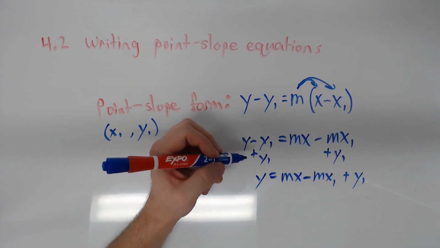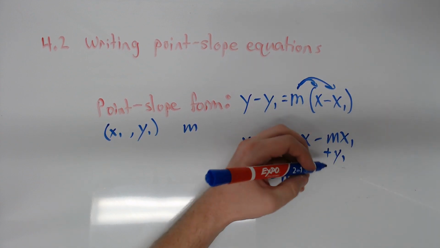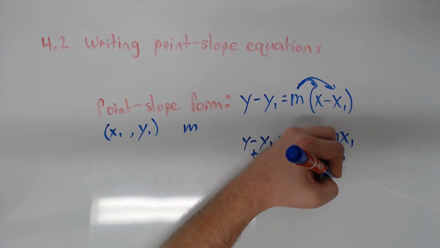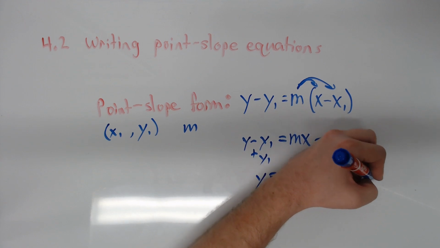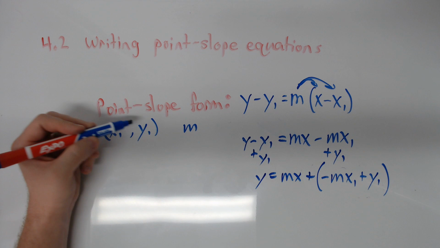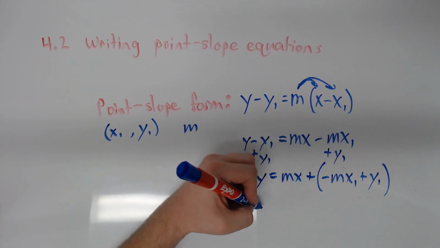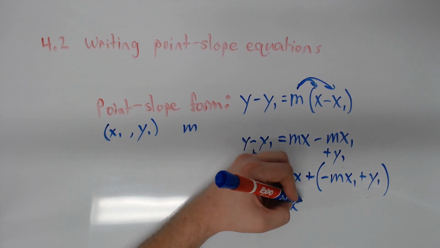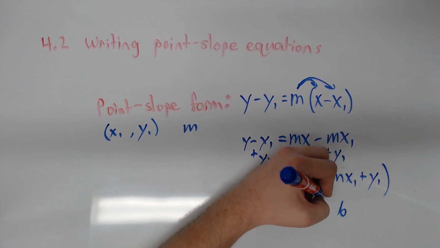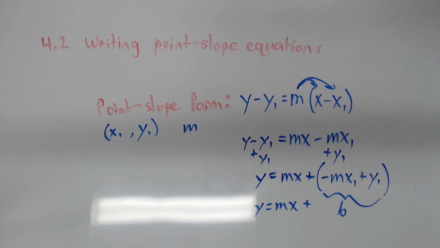All right, so I'm going to rewrite this just a little bit for us. Remember what I said, m, x1, and y1 are numbers. So this looks like y equals mx plus, when I multiply these two and add y1, that should get me my y-intercept.